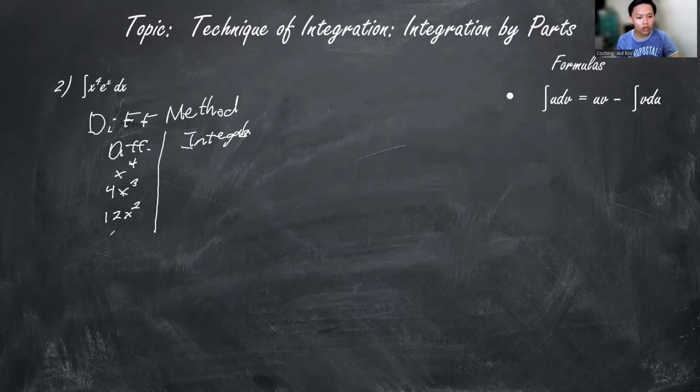And then 24x, and then 24. And we have here all of this is just e raised to x, as the integral of e raised to x is always equals to e raised to x. Now we can write this.